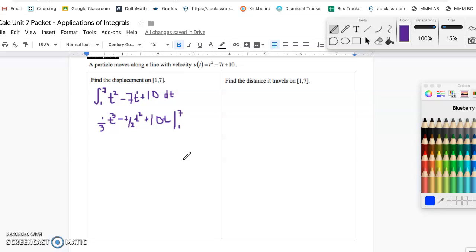So now it's just like what we did last quarter, where we're just plugging in. It would be the top minus the bottom for this.